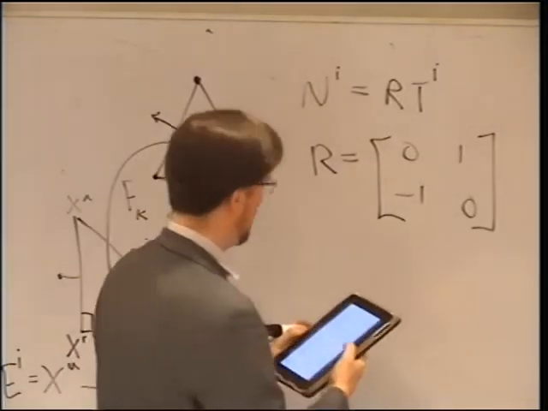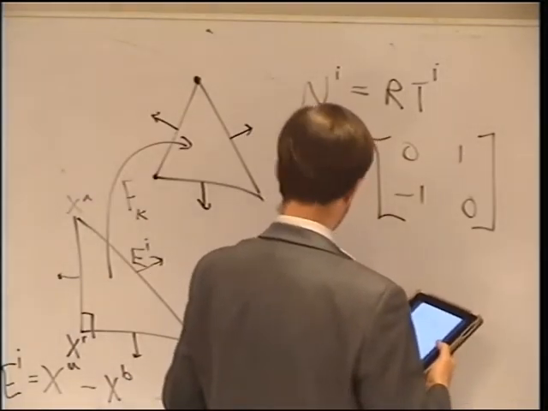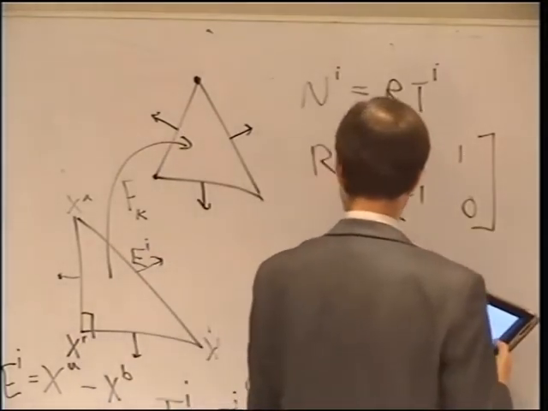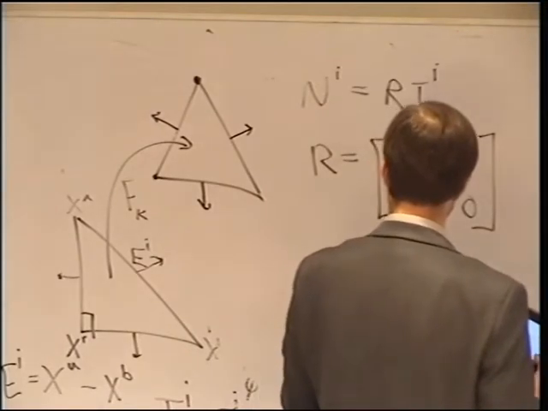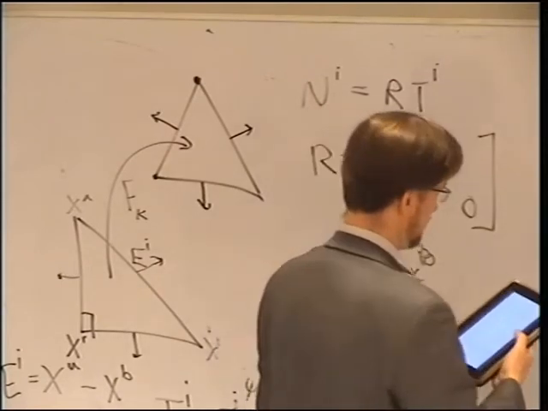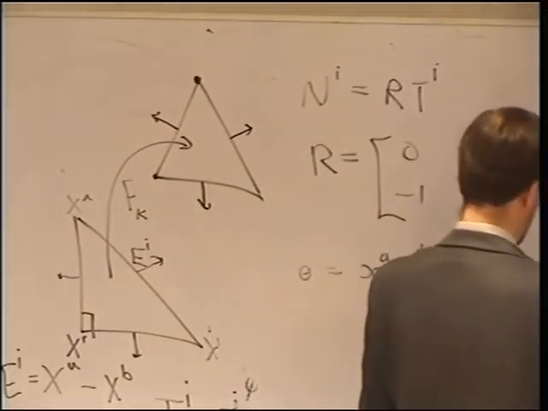So it means that if I have an edge in physical space, that's going to be xa minus xb.